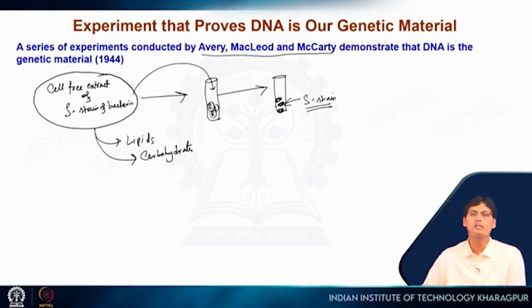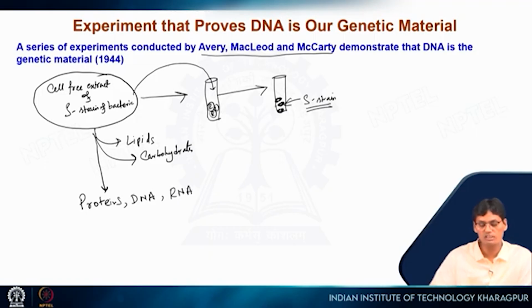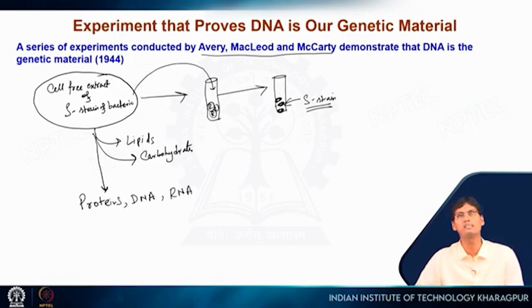Now their hypothesis is that in this cell-free extract they have proteins and nucleic acids. Nucleic acids means here DNA, deoxyribonucleic acid, and RNA, ribonucleic acid. So all these three things are present in this cell-free extract.